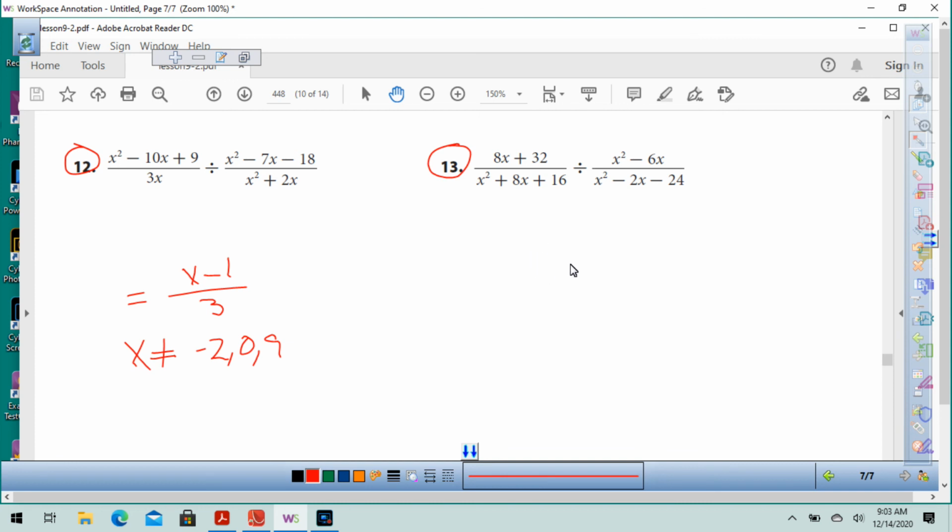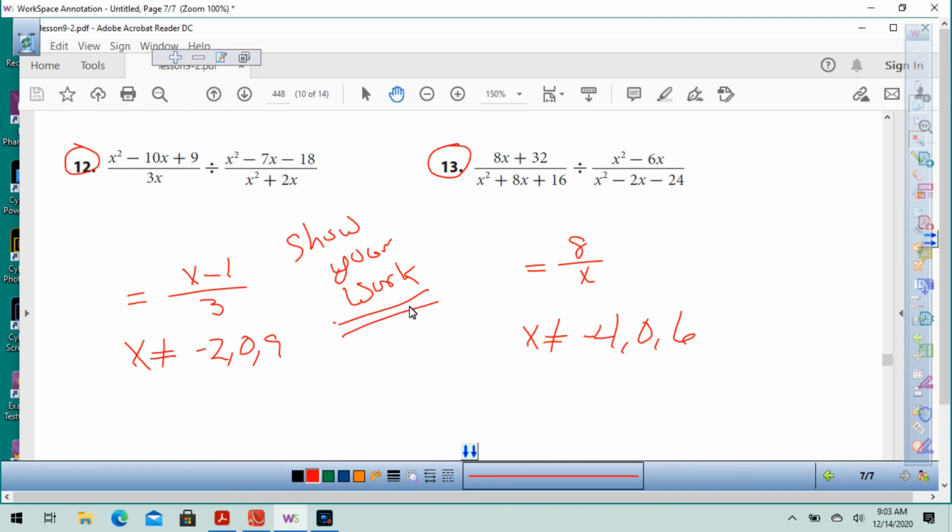For 13, it's going to be 8 over x, and x cannot equal negative 4, 0, and 6. Okay, now you have to show your work. All right, to get credit for those two problems, you have to show your work, because I gave you the answers.